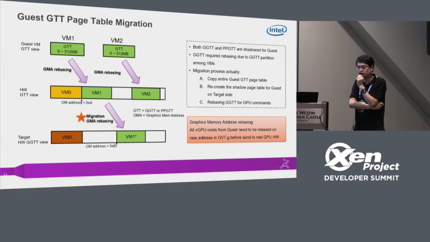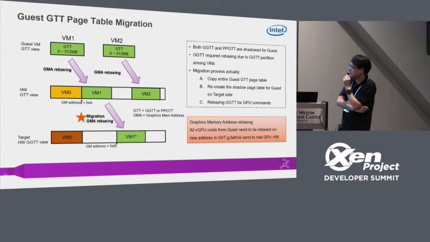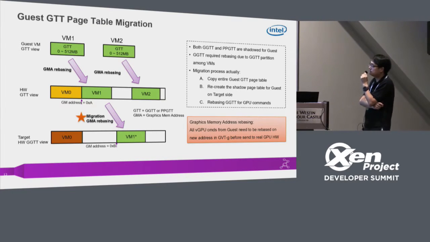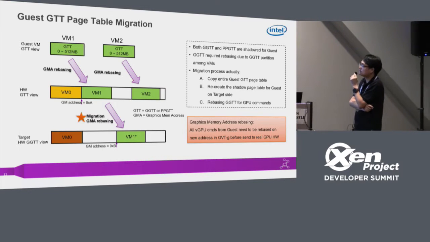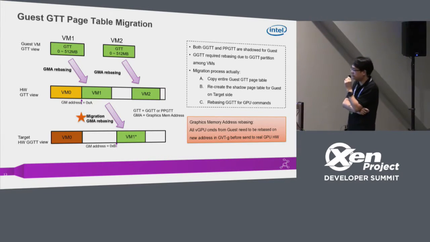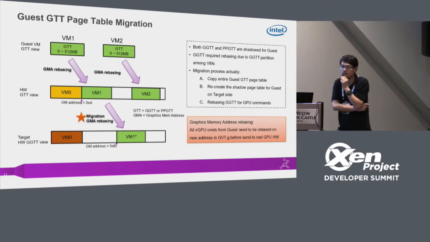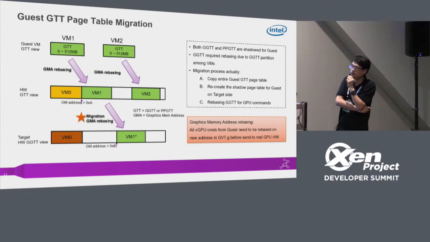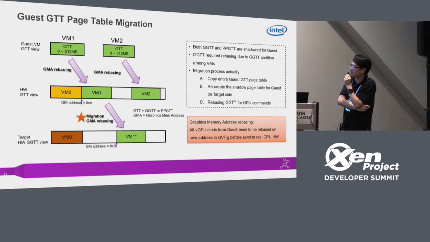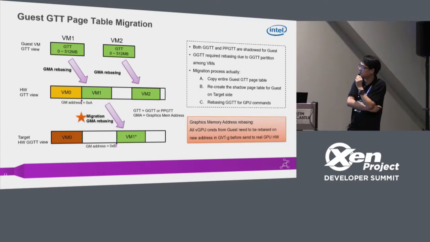But here we need to do one more thing, which we call graphic address rebasing. For example, we have several guests, VM1 and VM2, and each VM takes a range of the graphic memories, for example 512 megabytes each.